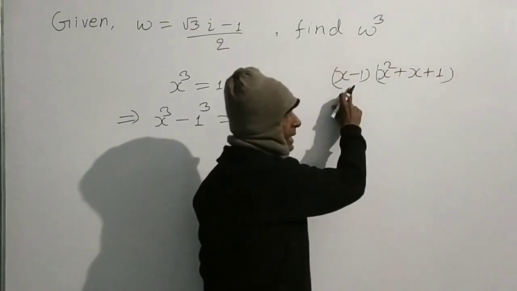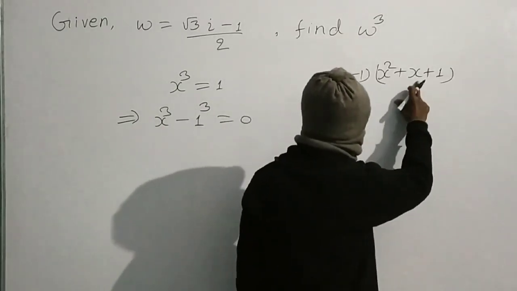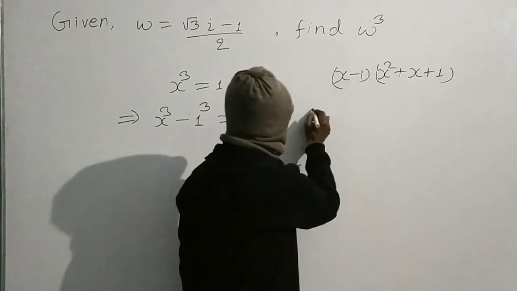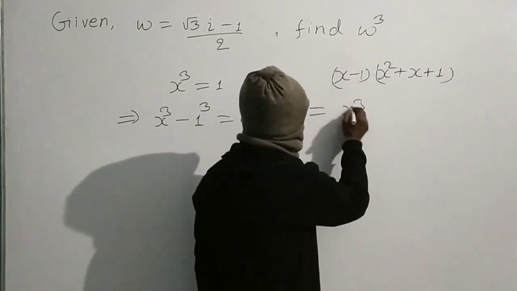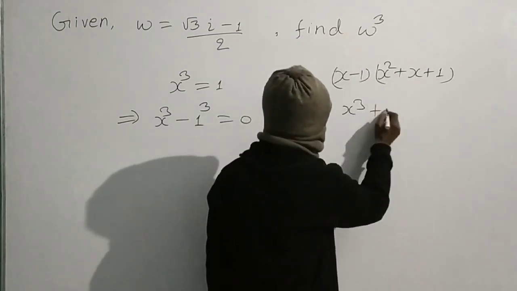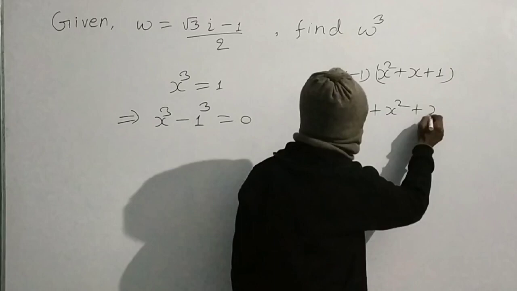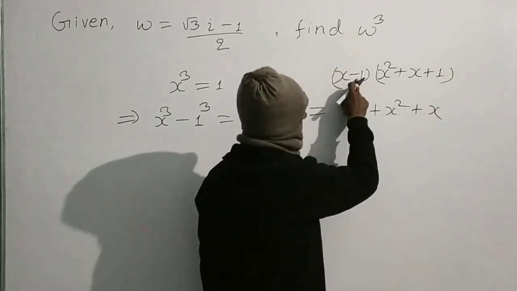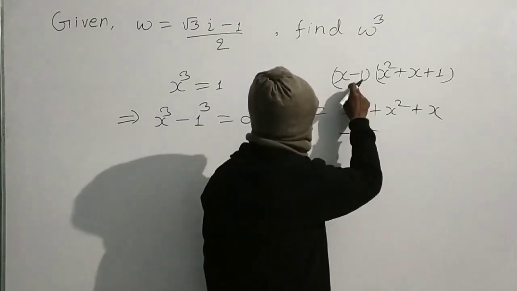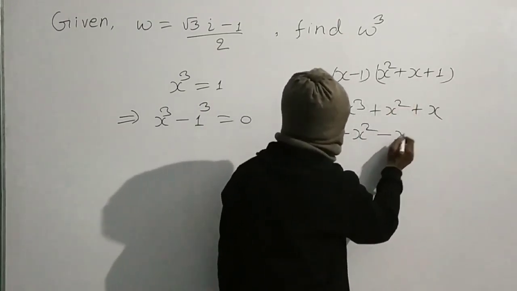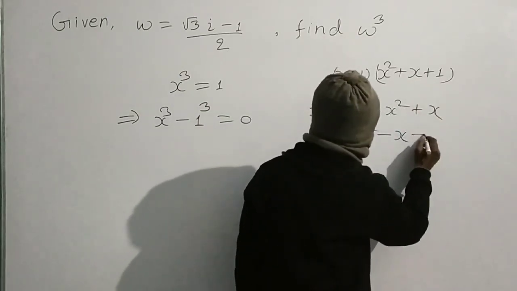When we multiply x minus 1 with this expression x square plus x plus 1, then we get x times x square x cube, x times x x square, x times 1 x, minus 1 times x square minus x square, minus 1 times x minus x, minus 1 times 1 minus 1.